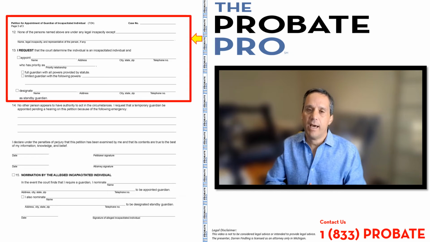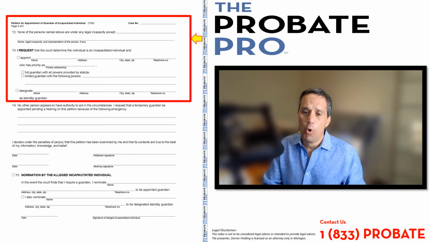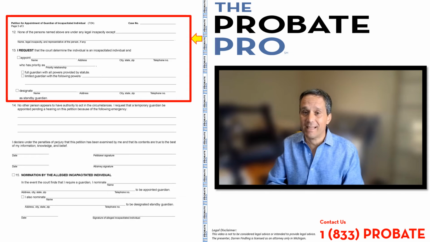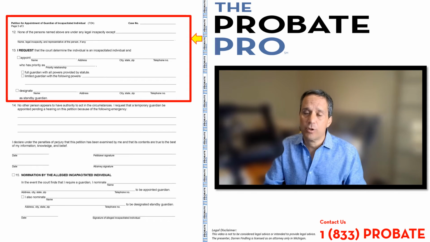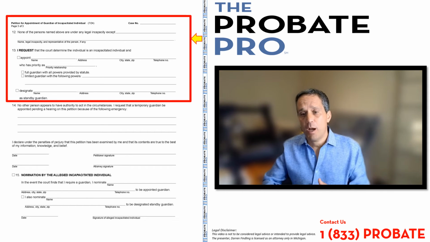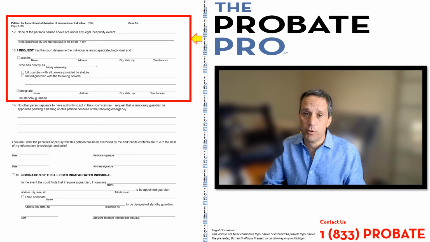This is really a great addition to the Michigan statute because it allows for that person who is vulnerable to not have a gap or delay in the event that somebody dies or resigns or becomes incapacitated. There could be a long period of time without a successor guardian coming into play. So the standby guardian provision helps solve that problem for the vulnerable community.